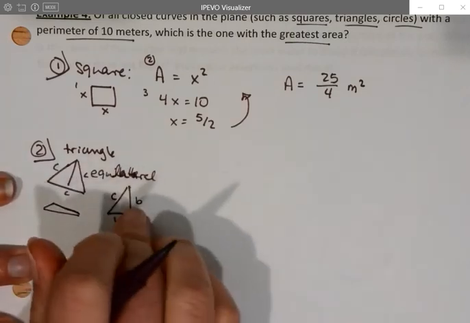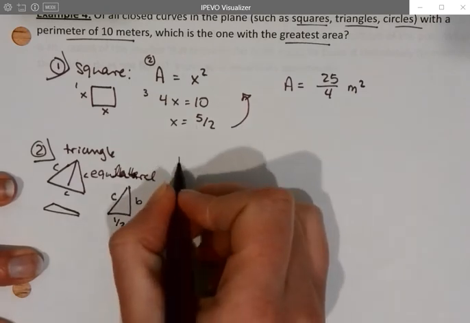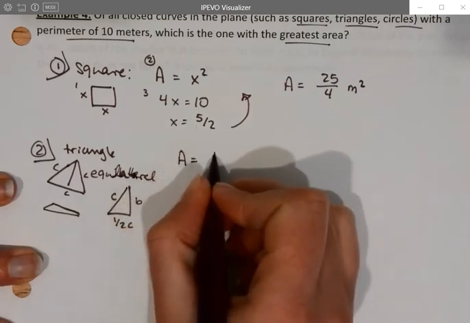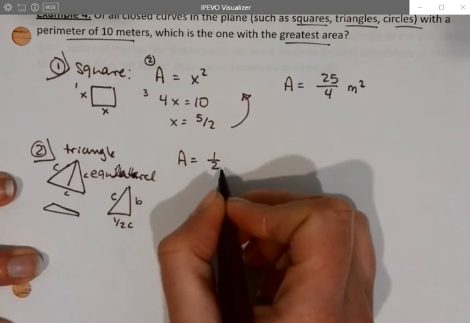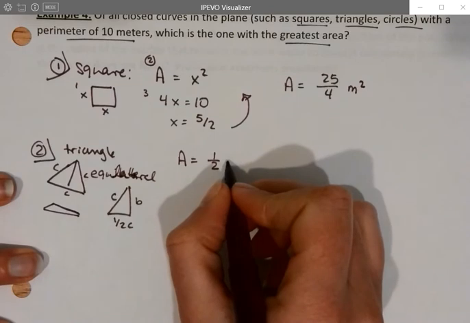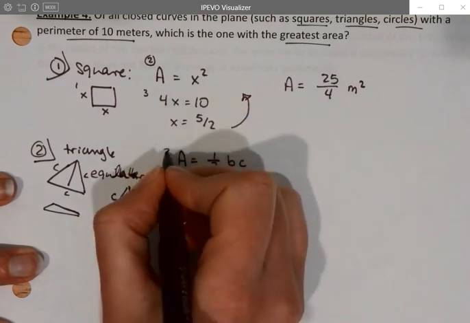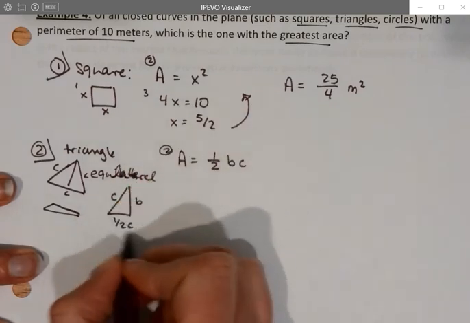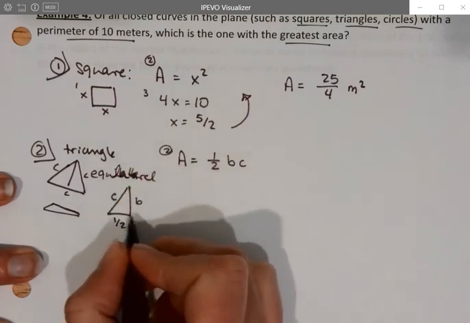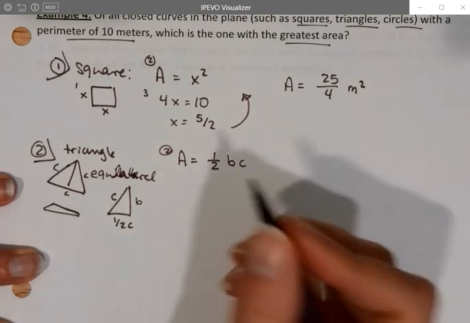And so I know that the area of my triangle is going to be 1/2 of base times height. The base is C and the height is B, so it's 1/2 BC. That's our objective function, and my constraint function here, solving for B in terms of C, is going to allow me to write this area function.